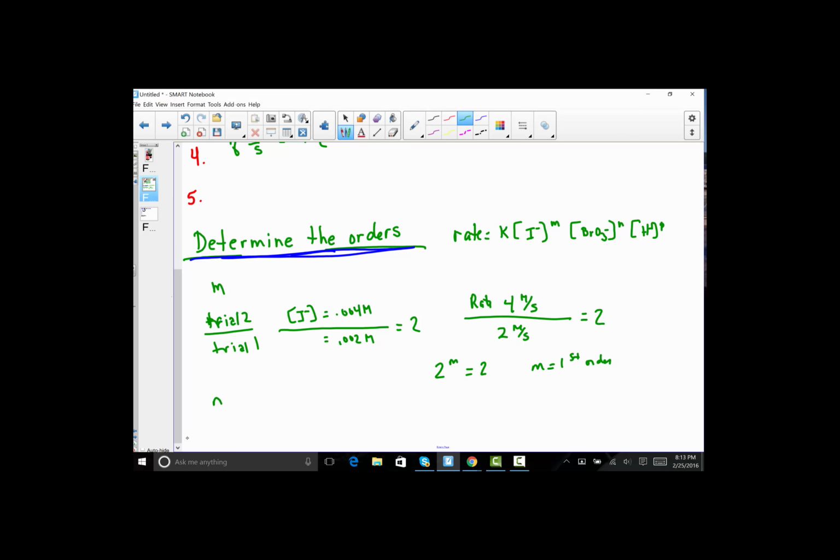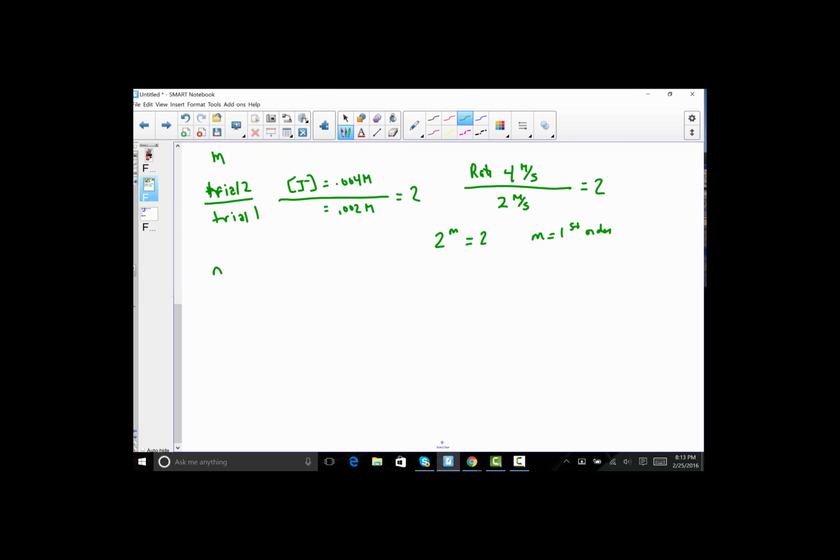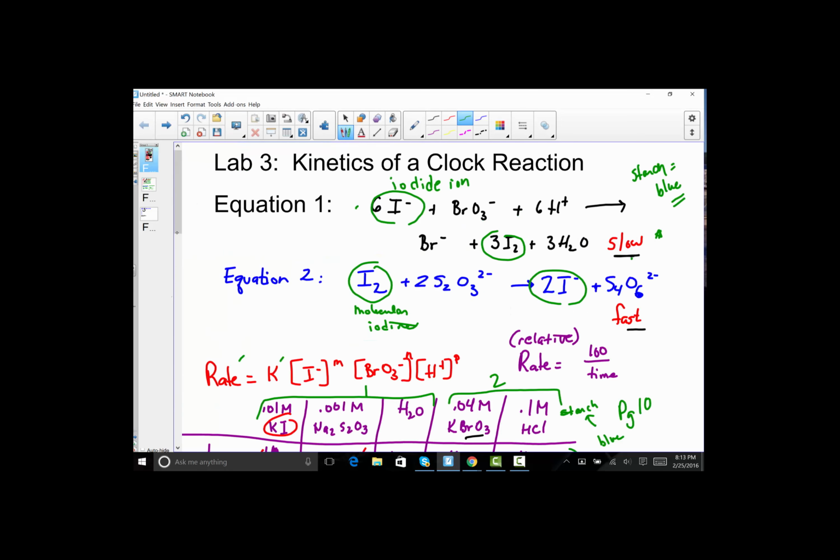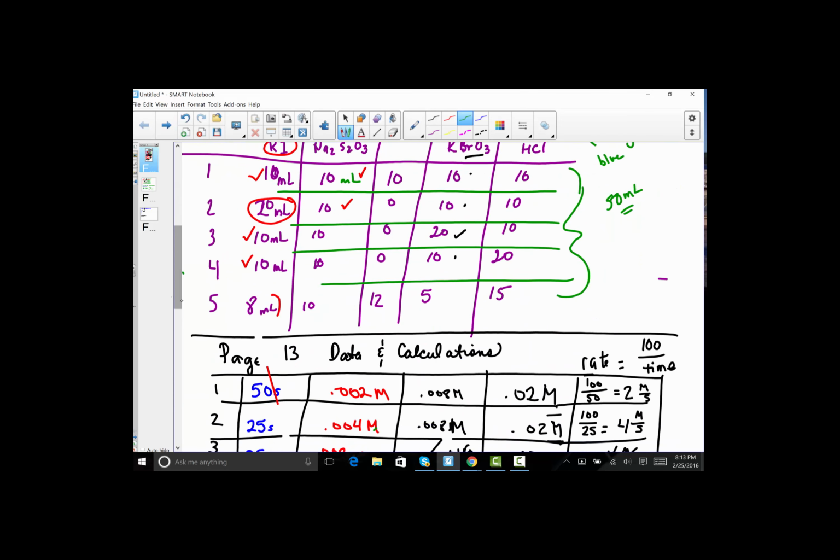Do the same strategy for n. n is the order with respect to the bromate. What trial should we compare when we're looking back at bromate? Where do we see bromate changing and the others being held constant?